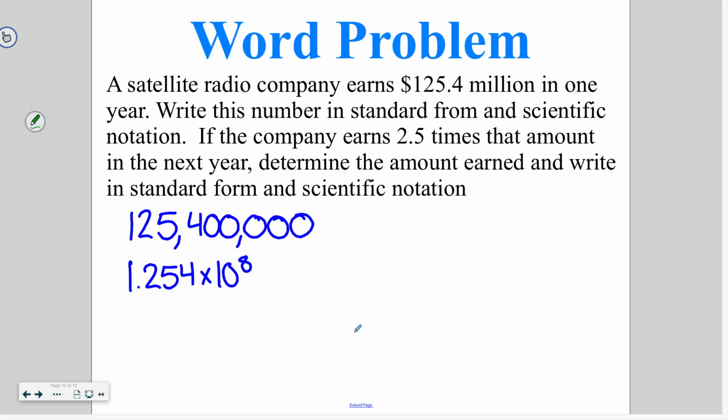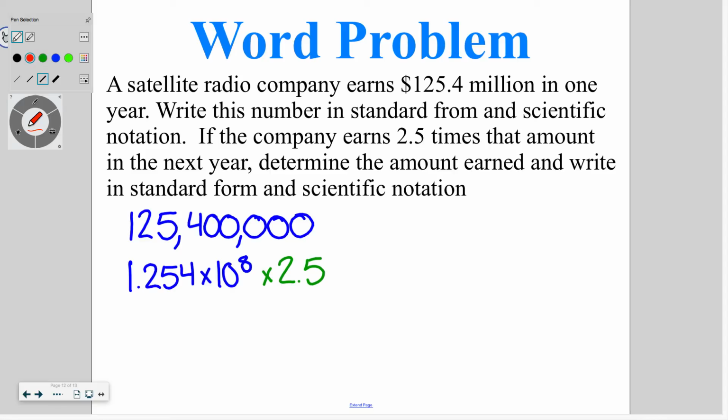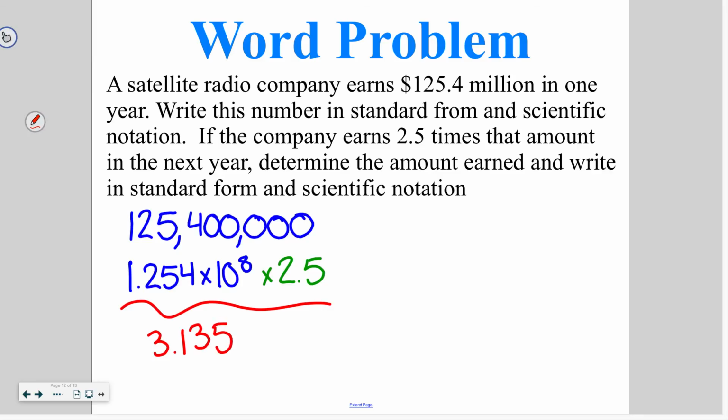So the next thing it asks us to do is multiply it by 2.5. So I'm going to go ahead and multiply my bases, and that's going to give me 3.135. There's no base on the 0.25, so I still just have times 10 to the 8th power.